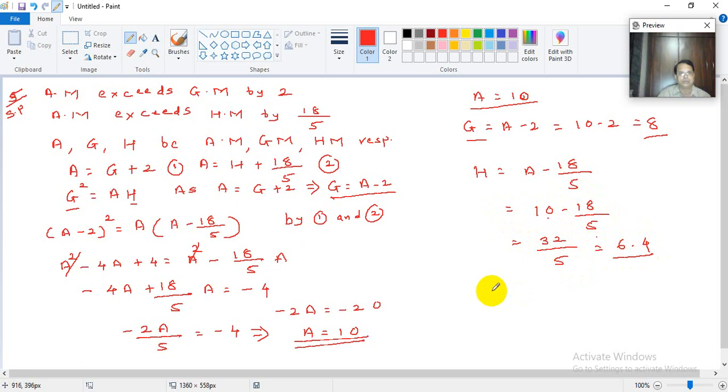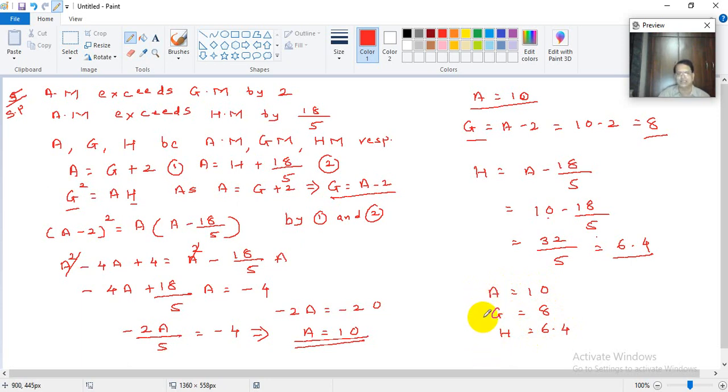Okay, so what is expected to calculate? A, G and H. So A is 10, G is 8, and h is 6.4.